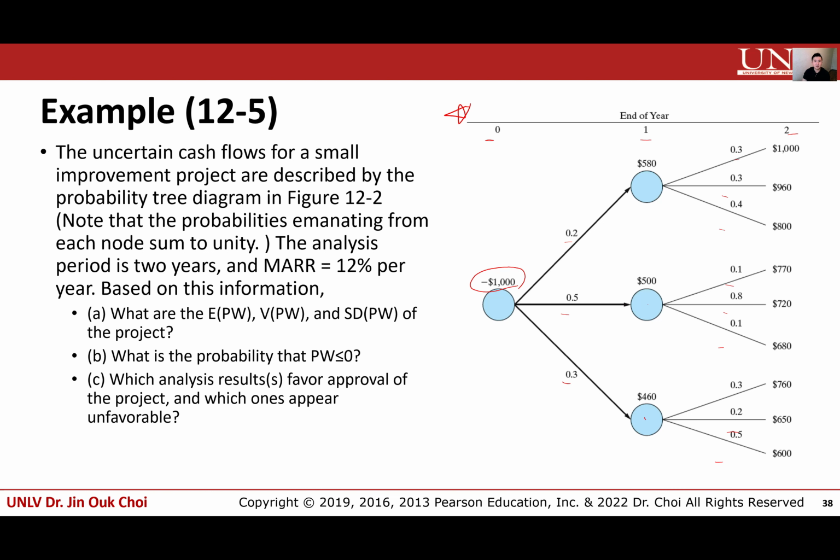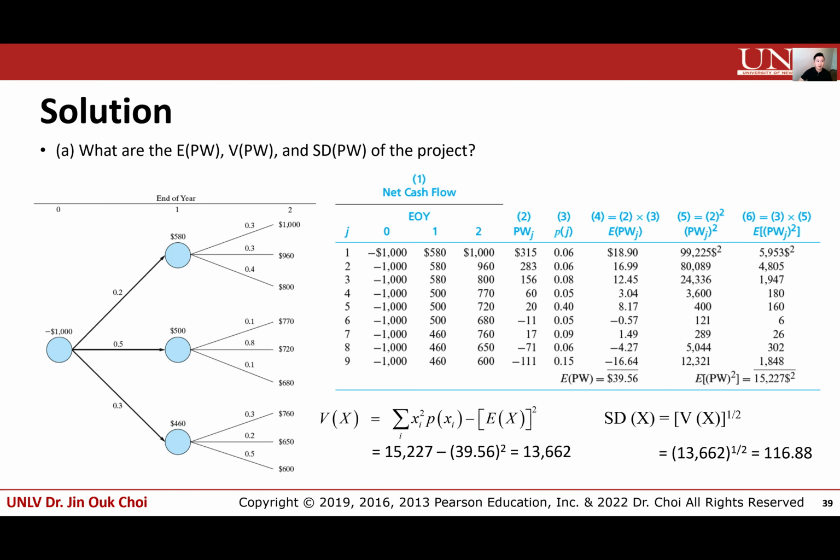First, let's solve the first question, which is answering the expected value, variance, and standard deviation of the present worth of this project. If we convert this decision tree diagram to a table, it will be like this.